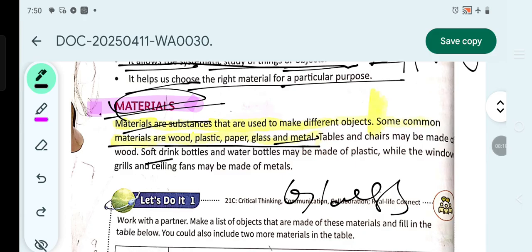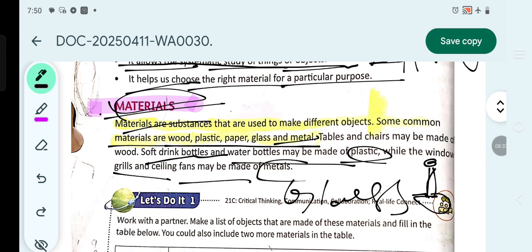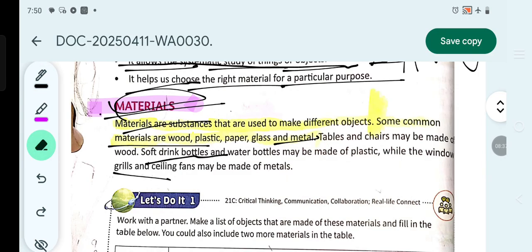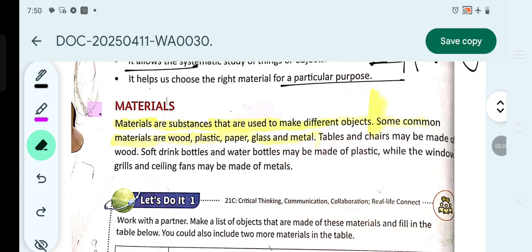Soft drinks, water bottles, and bottles may be made up of plastic, of course, because you have seen water bottles in common shops. Now, grills and ceiling fans may be made up of metals. Yes, because they need to be strong. You have seen windows with metal grills.